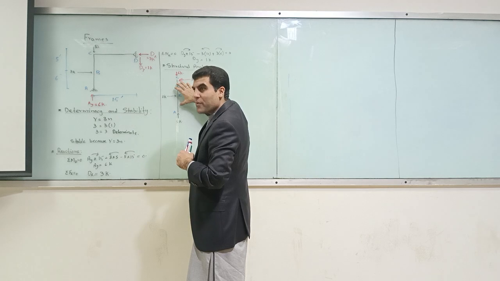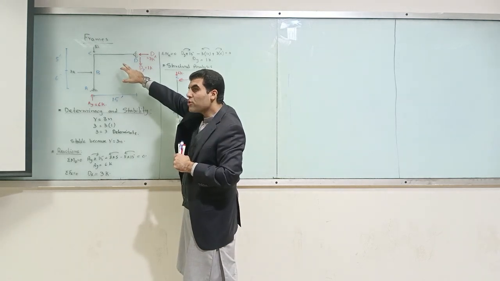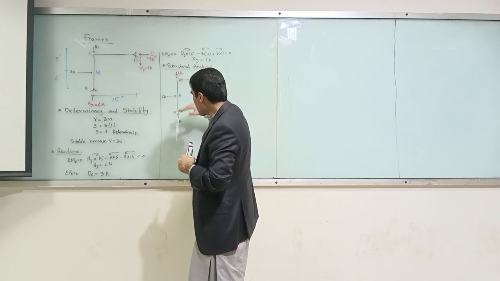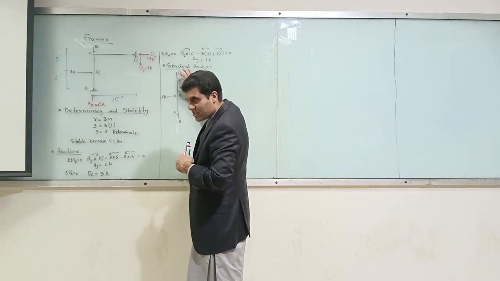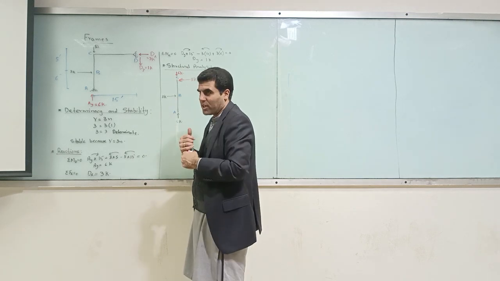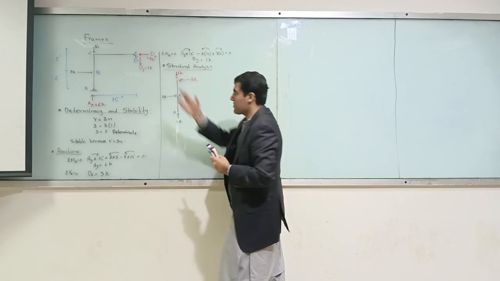We will handle 5k on the other members. You start from the end, and you find out all the unknowns at the joint. Then you adjust that joint. You will see how we adjust our 5k.